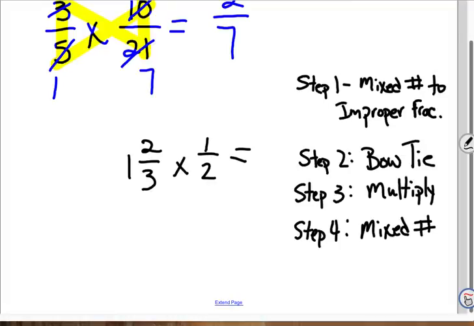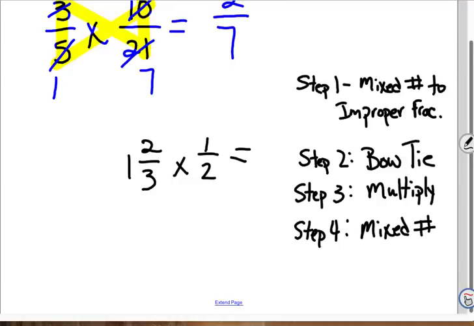There we go. Technically, you've got 4 steps. Step 1, mixed numbers into improper fractions. Okay? So what do I get, Jaden? What do I get when I turn 1 and 2/3 into an improper fraction?